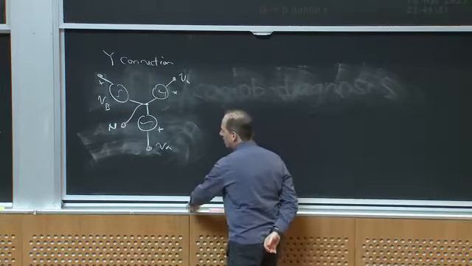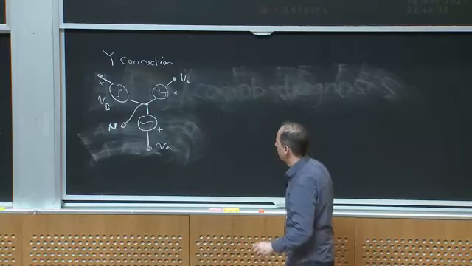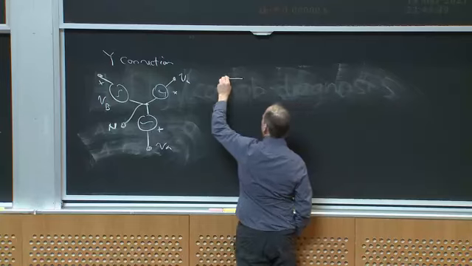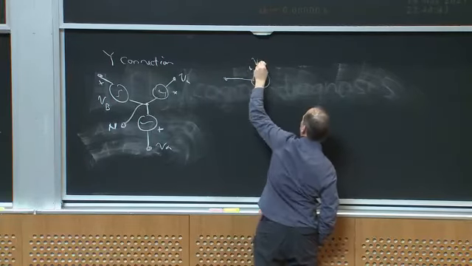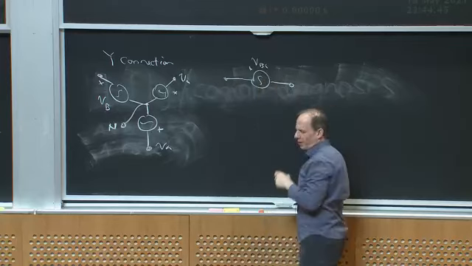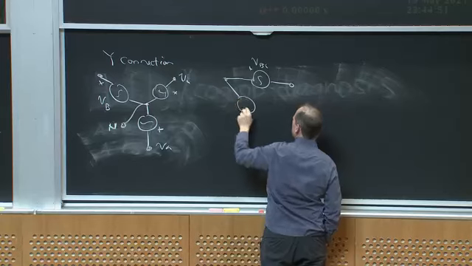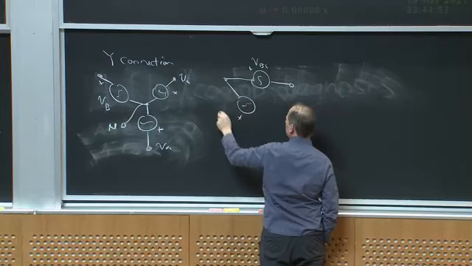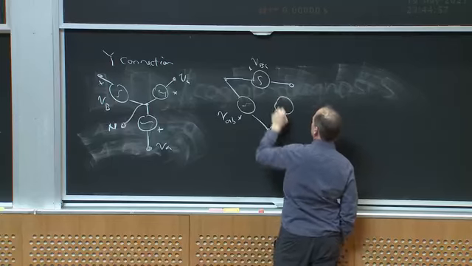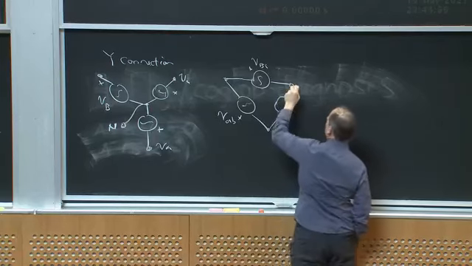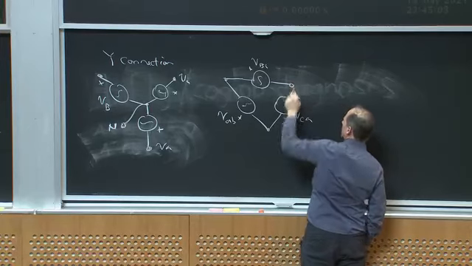Another way one could connect it is to have a delta connection. So I could connect something this way. I could have a voltage VBC connected this way, a voltage VAB connected here, and a voltage VCA connected here.